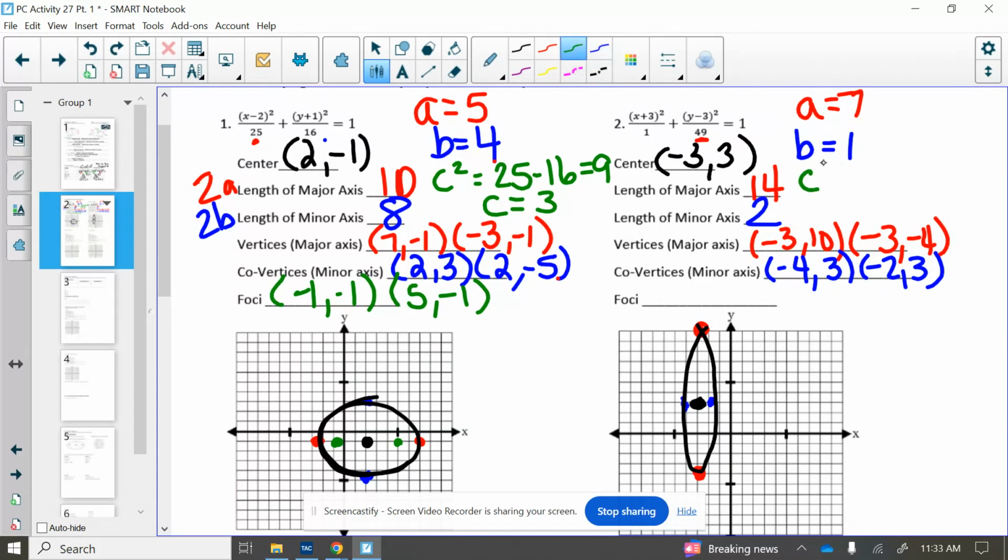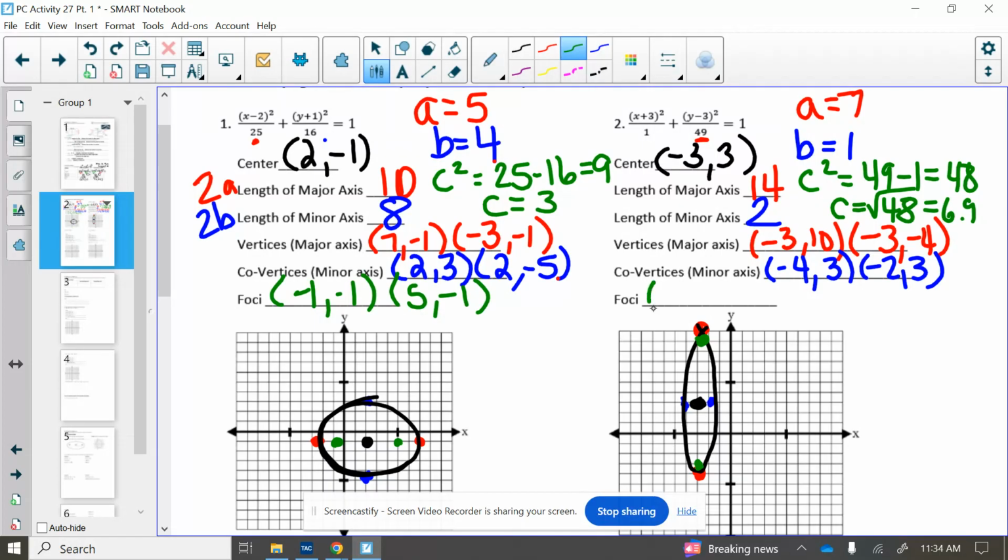Foci this time can be found by first finding parameter C. Remember, A squared minus B squared is going to be parameter C. So in this case, C squared is 48. Square root of 48, which is approximately 6.9, would be our parameter C. So we're going to have foci values really close to our vertices this time.